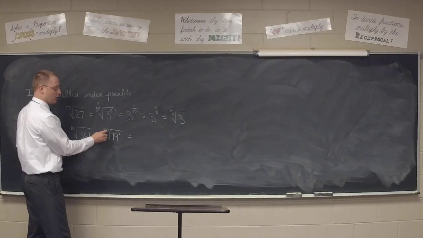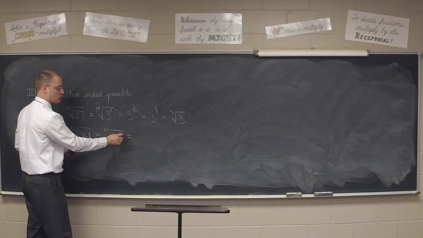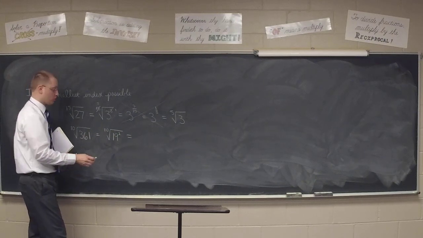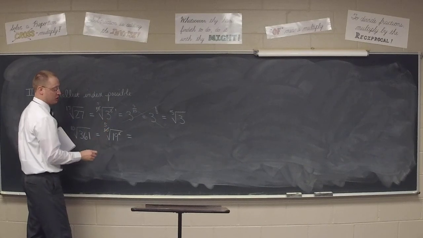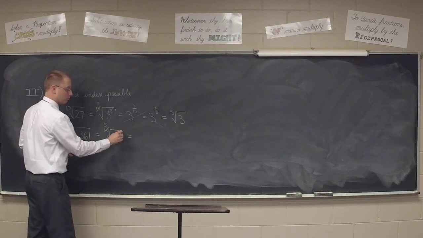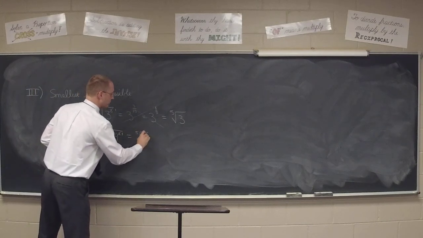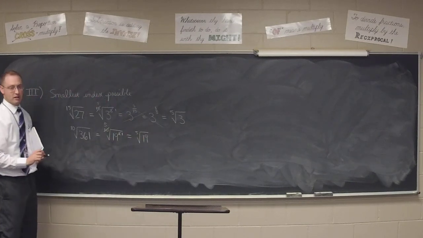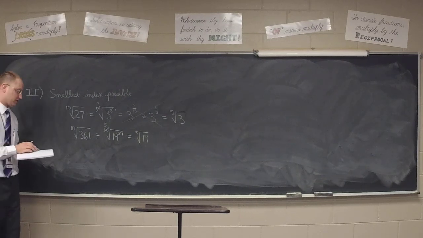One's a 10, one's a 2. What can I take out of both 10 and 2? 2. If I take a 2 out of the 10, what do I get? 5. Take a 2 out of a 2, I get a 1. Dividing, taking out, meaning dividing out, which means I've got the 5th root of 19. Still somewhat scary, but not nearly as bad as the 10th root of 361.